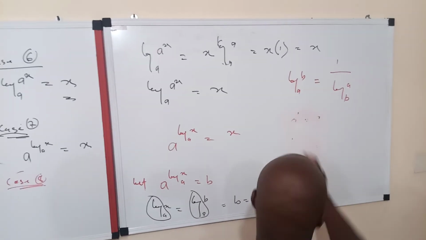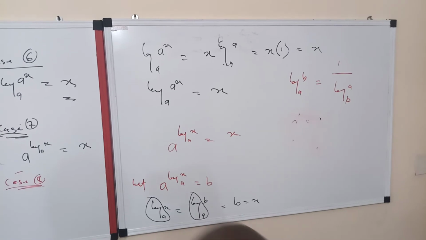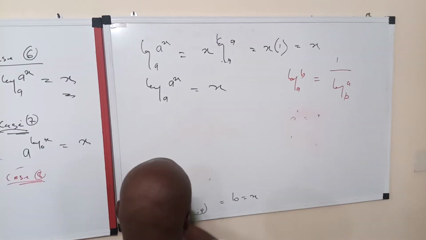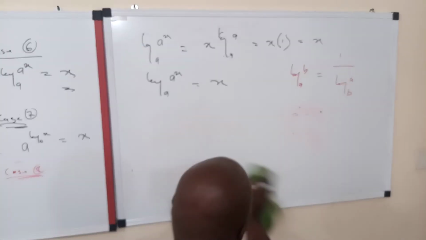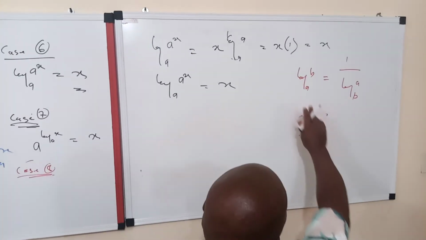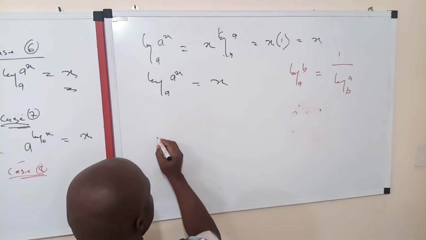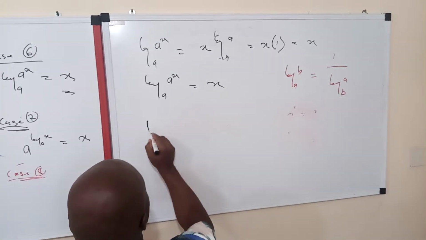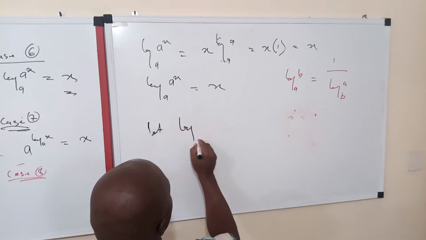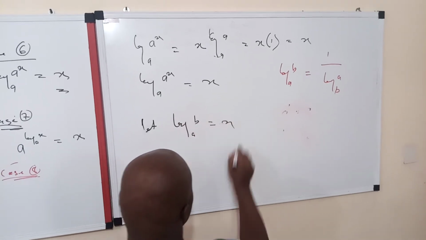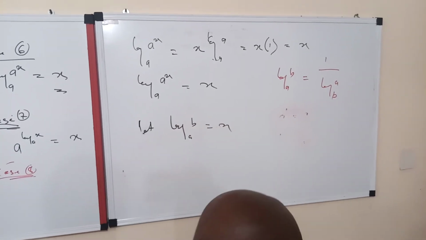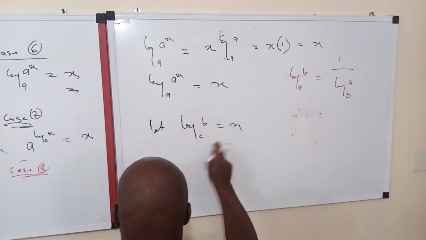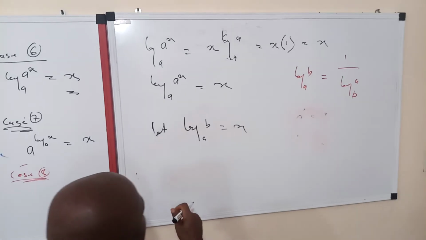Let's say if we have something like this, let this log AB be equal to x. Then, if that is true, we can rewrite this in terms of indices.